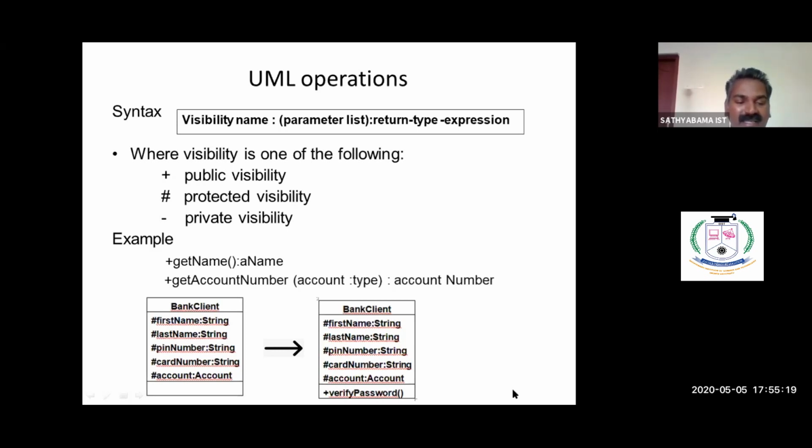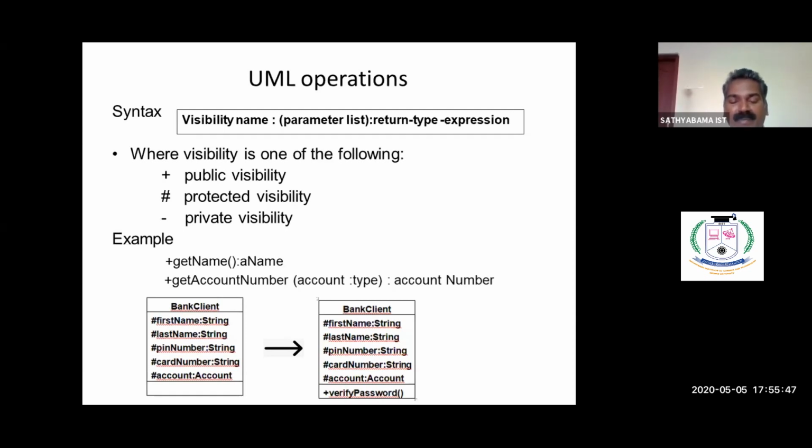In this example, the ViaNet bank system, for a bank client, we have a class name, we have attribute names, and their visibilities are defined, which will come to the next stage. At the design stage, we have the design of bank client, the list of attributes, and one of the methods, verify password. So verify password is one of the methods added here.